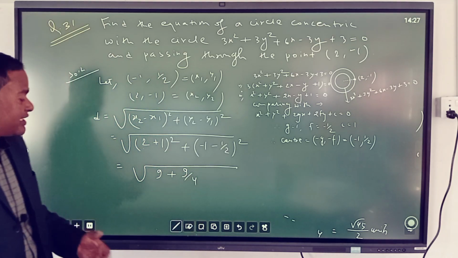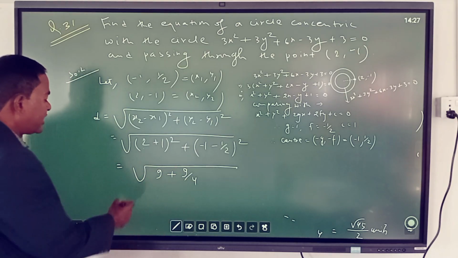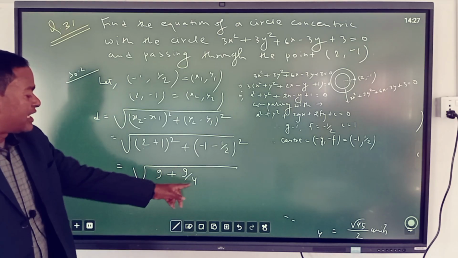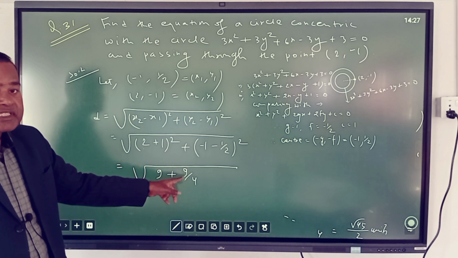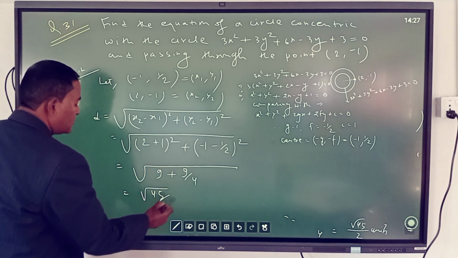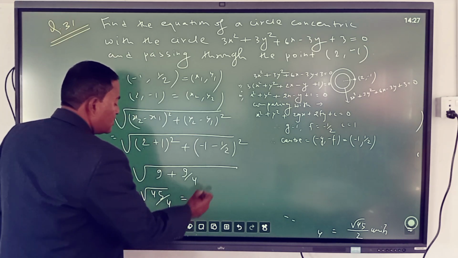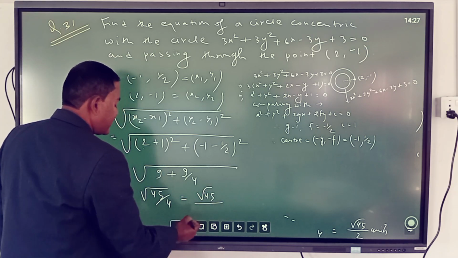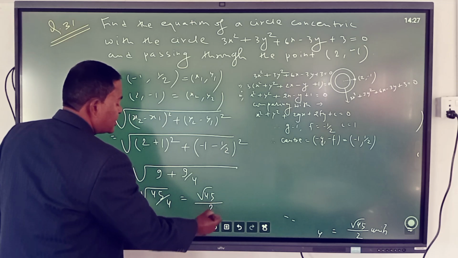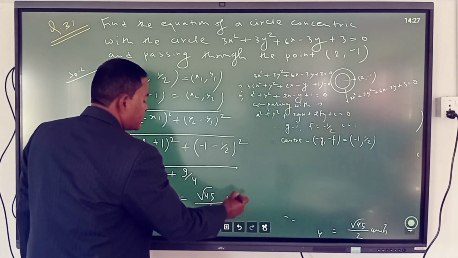So dear students, now let's add 9 with 9 by 4. We get 9 fours are 36, 36 plus 9 we get 45, divided by 4. Now root 45 divided by 4, square root of 4 means 2, so root 45 by 2 units.